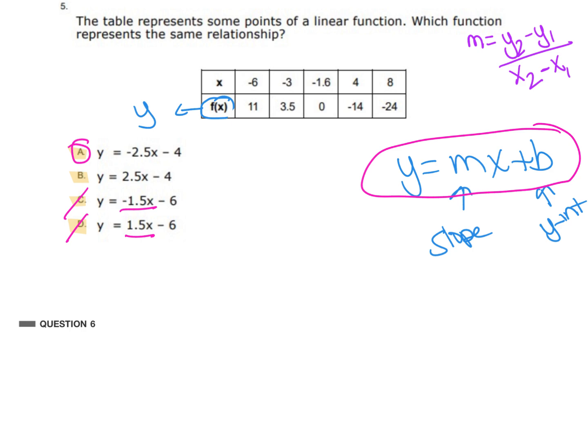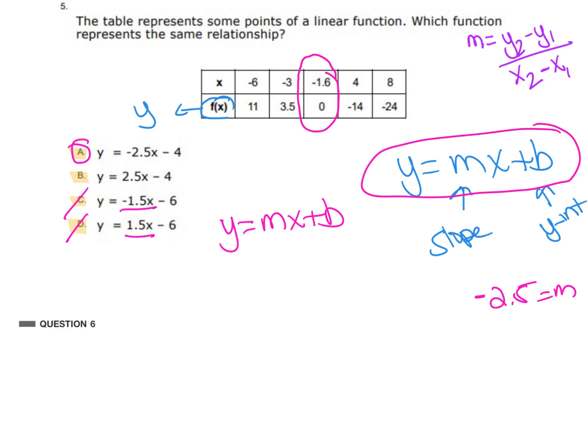So remember, to find my y-intercept, to find my b, I just need 2 things. I need my slope and I need a point. And I have 1, 2, 3, 4, I have 5 points right here. And we already found our slope of negative 2.5. Remember, this was our slope. We just worked on that. So once again, I will use my slope-intercept form, and I'm just going to plug it in.